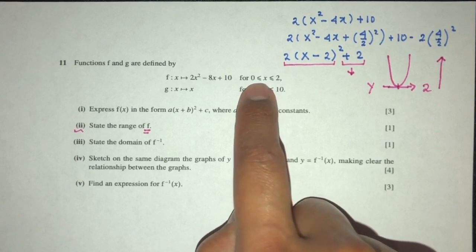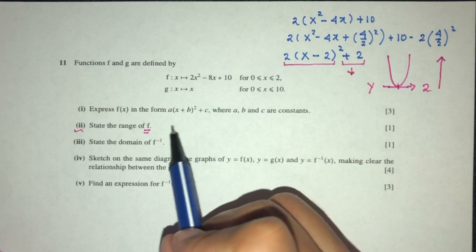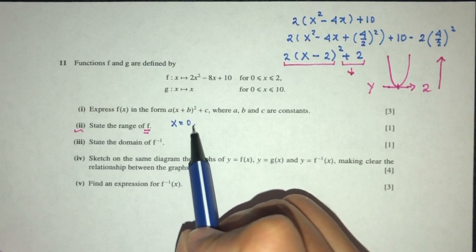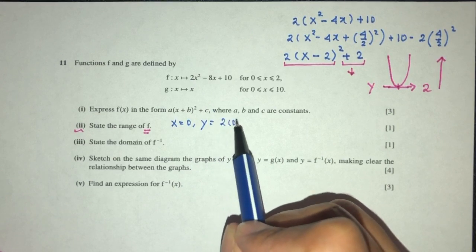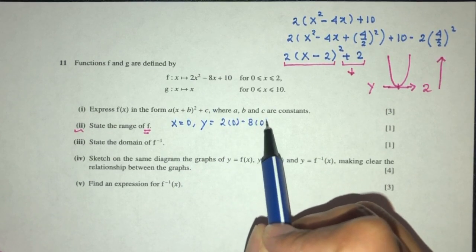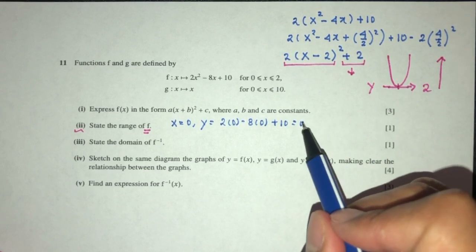Let's see what is the value of y between those two values. So when x equal to 0, what is the value of y or f of x? Replace back here, you will have 2 times 0 minus 0 plus 10. That was 10, sorry.